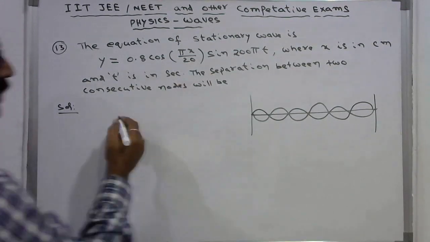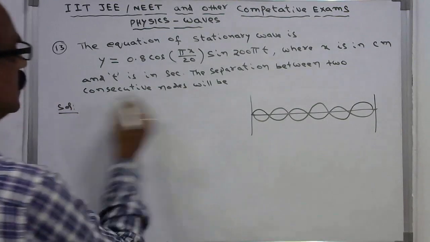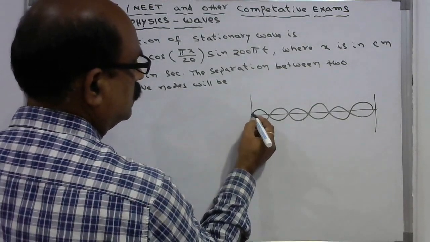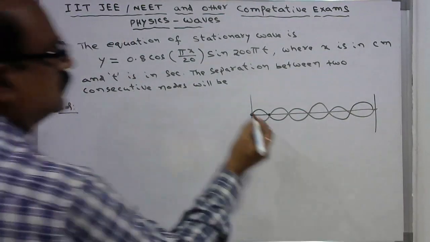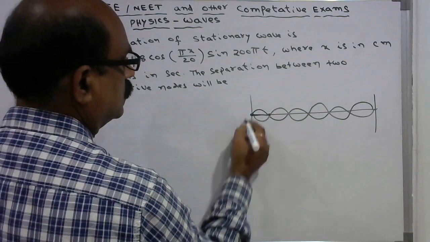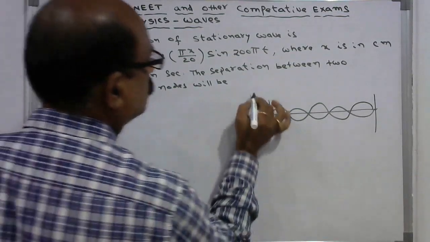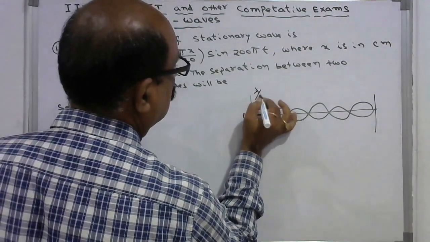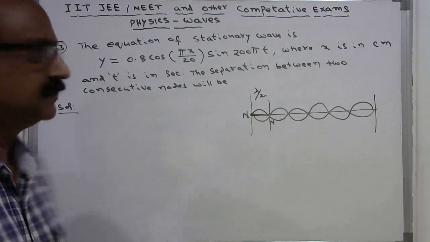Now we have to find the separation between two consecutive nodes. So we have to find the distance between these 2 points. So this is one node and this is another node, and these two nodes are separated by lambda by 2. So we have to find lambda first.